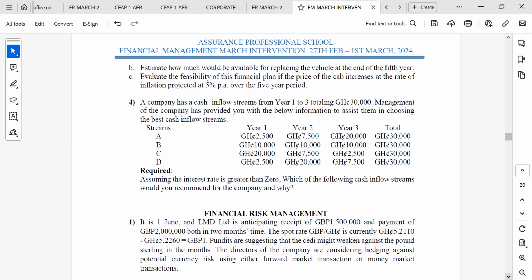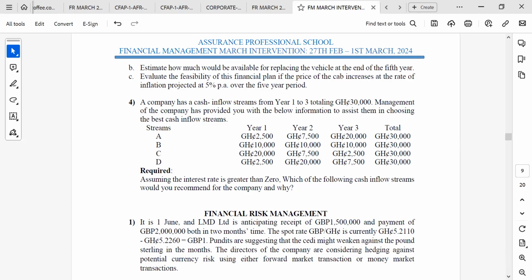We want to advise them to make the decision today. We can only advise them by knowing the present value of each of the cash streams. So you can assume that the interest rate is 10%. It means that if you invest an amount for a year, it will attract interest of 10%. So you can assume an interest rate of 10% and use the cash flows one by one.